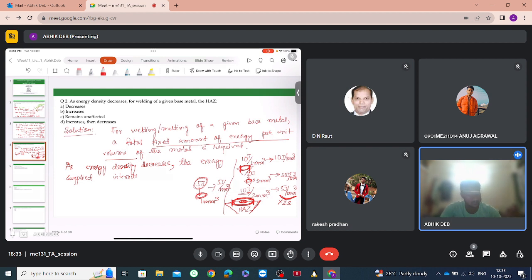In both cases, if we are supplying 5 joule now, we will have to supply for a longer period of time to supply the 10 joule to this 1 millimeter cube, so that the melting happens. If the area is widened, then it will interact with a larger area, and as such the heat affected zone in both these cases will be more.